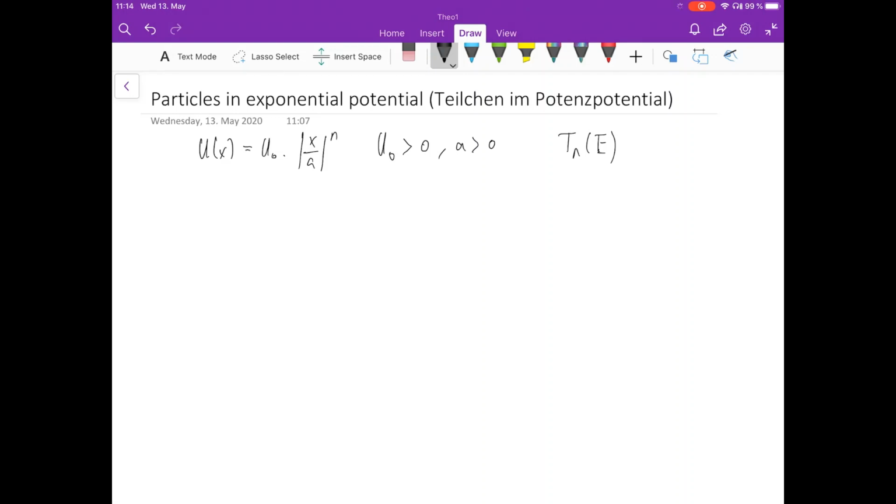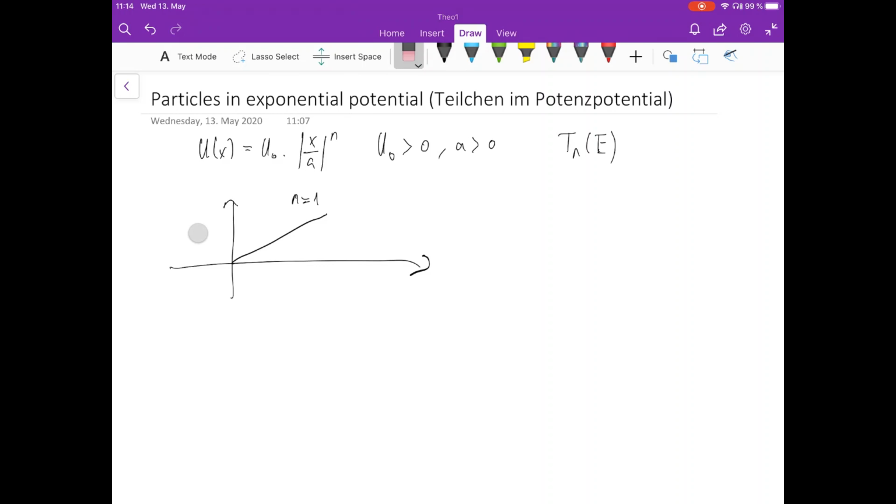So in order to interpret it, we are better off looking at the function. So let's draw it to have a visualization. For n equals 1, it's going to be a linear function on the positive side and also a linear function, positive function, on the negative side.